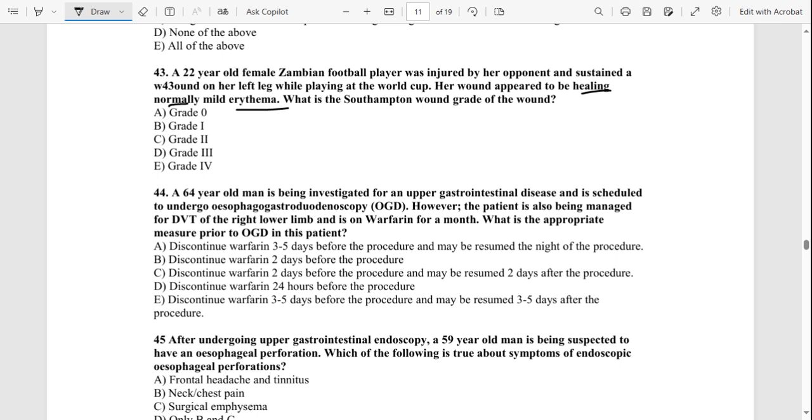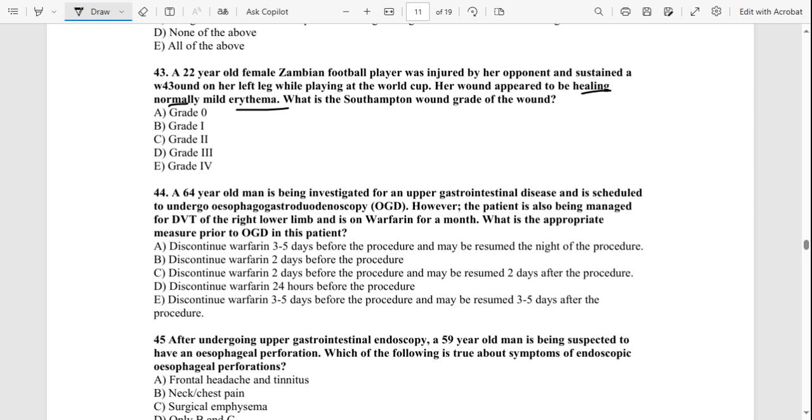Anyone who can help with that? Okay. So the Southampton wound grading system is going to assess surgical wound healing and also the complications of wound healing.